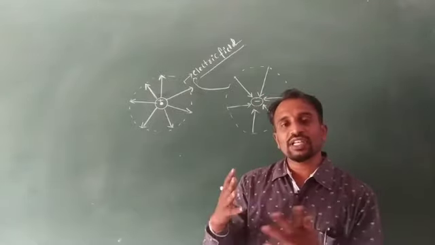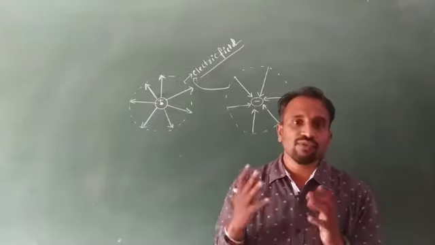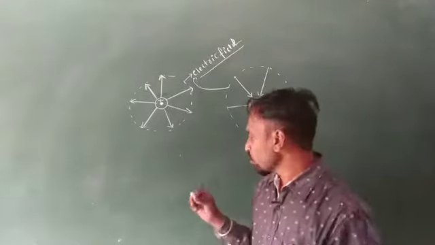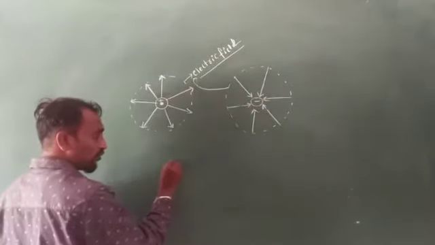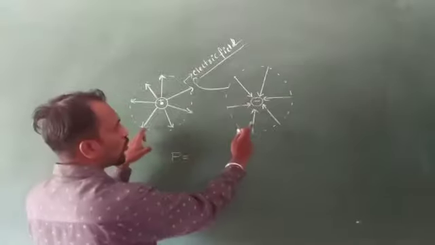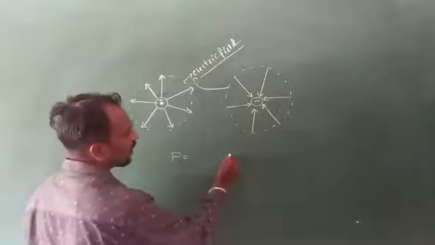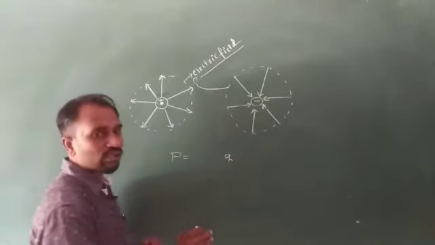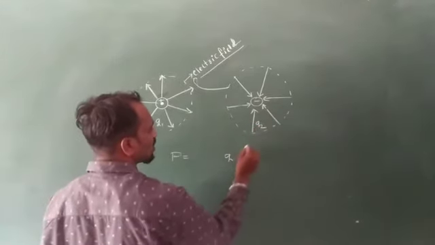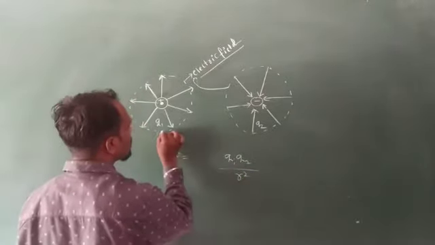For this reason we consider Coulomb's law. Coulomb's law: the Coulomb force F, the force of attraction or repulsion between two point charges, is directly proportional to the product of the two point charges, Q1 and Q2, and inversely proportional to the square of the distance between them.